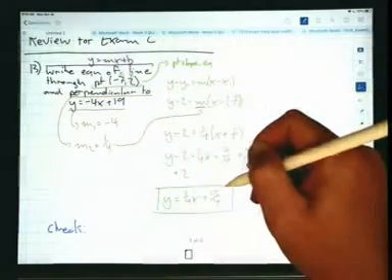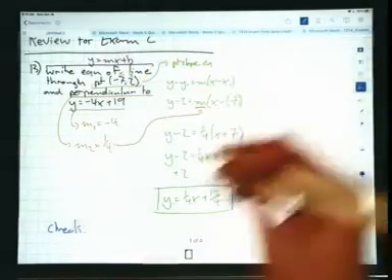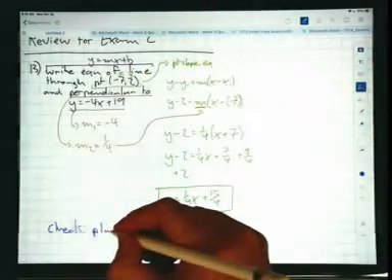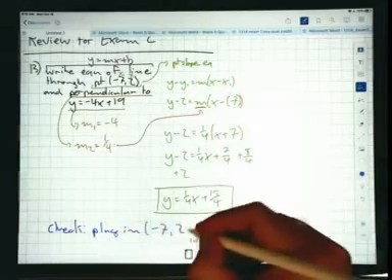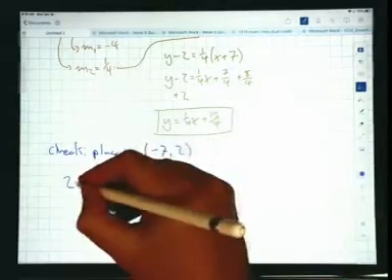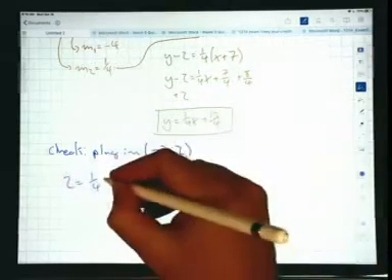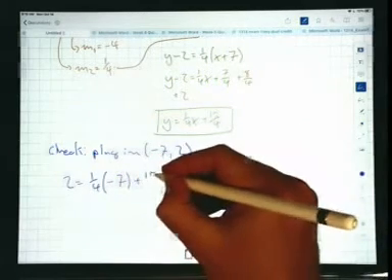Now, how do we know that this line is actually going through this point? Well, we're going to plug in the point -7, 2. So we should get that 2 is equal to 1/4 of -7 plus 15/4.